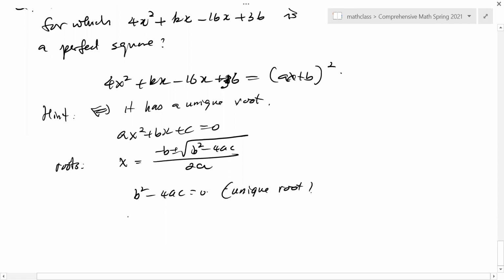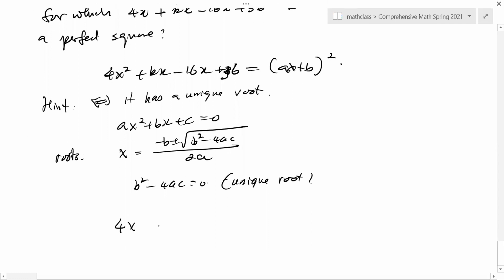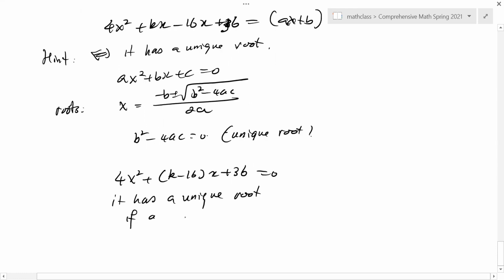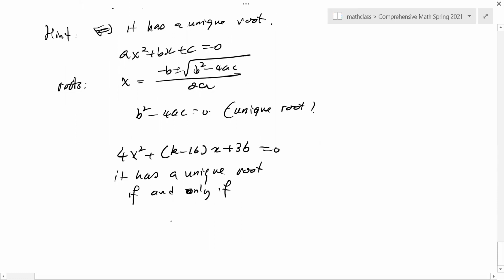Okay, so when we go back to the above equation, it has a unique root if and only if k minus 16, that's b, squared, minus 4ac is going to be 0.